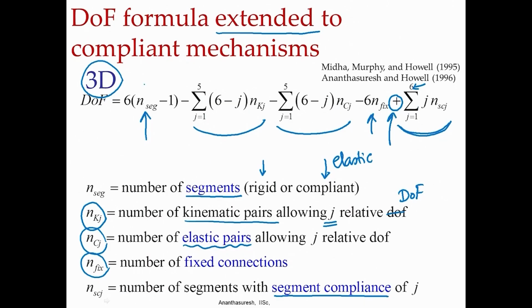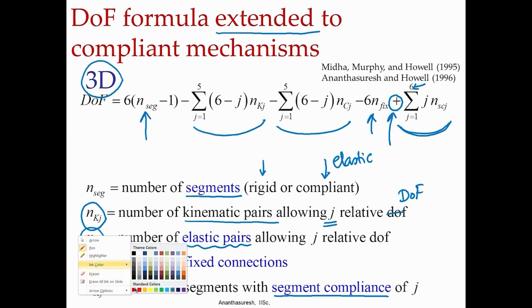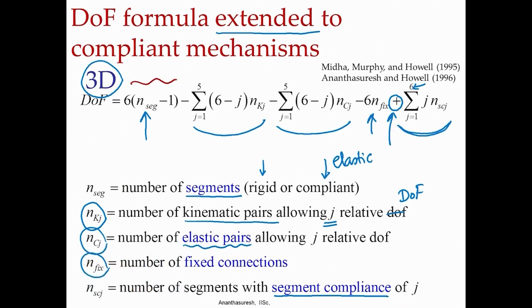The first and second terms are familiar. Now we count the segments that include both rigid and elastic, and this part is what was there in Grubler's formula. Then this one we add because in a compliant mechanism there could be elastic pairs which act just like kinematic pairs, but have elastic degrees of freedom.